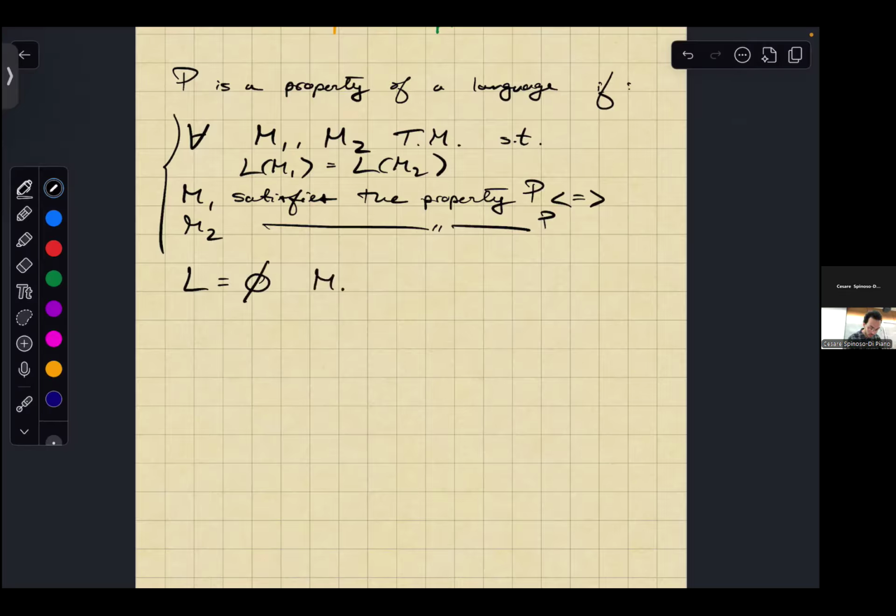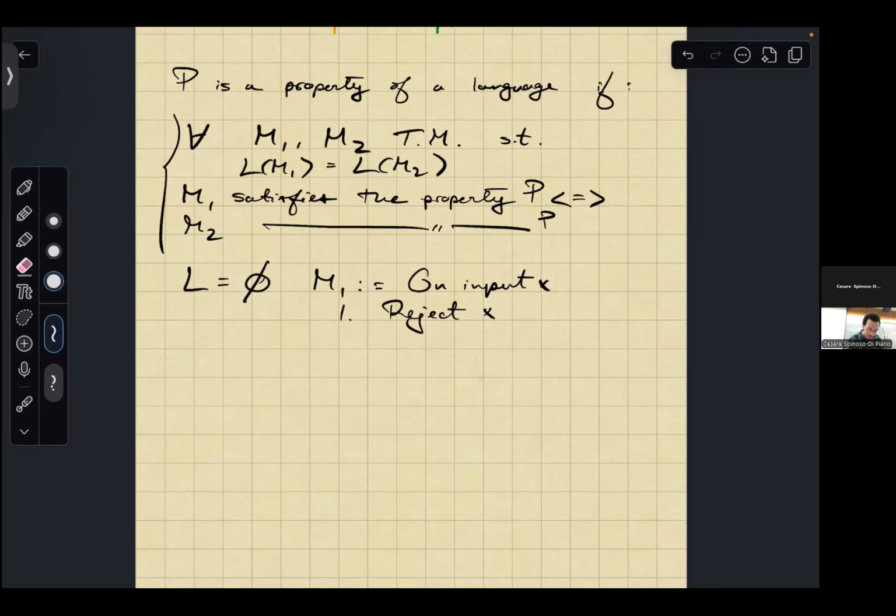So let's define M1, which on input X rejects X. So it just returns false. So in this case, for every input that's given to M1, M1 halts on that input.